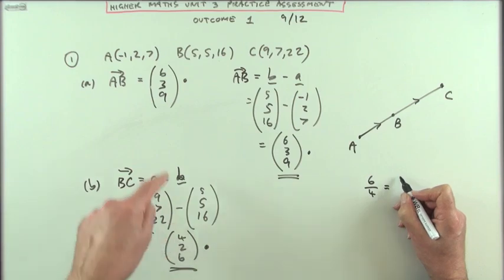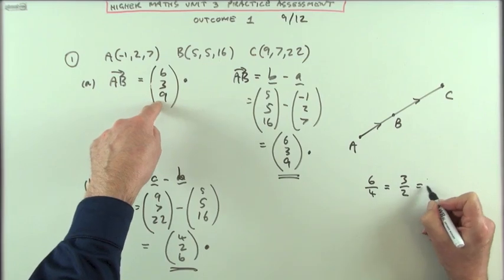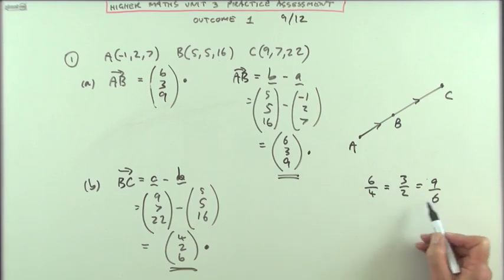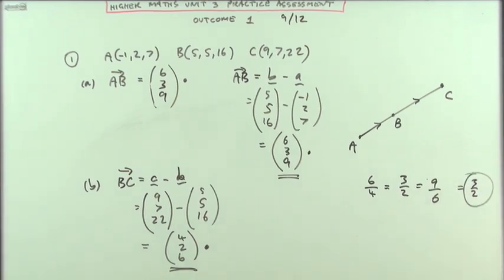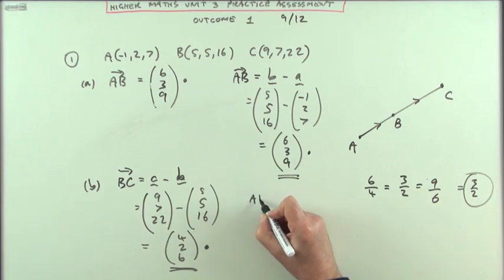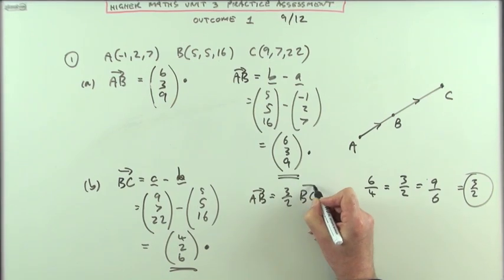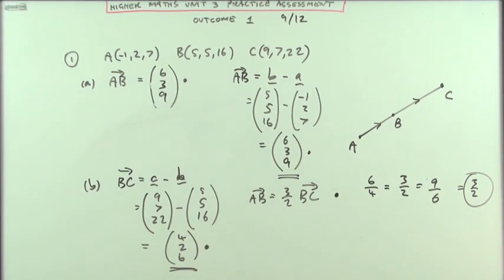Is that the same as 3 compared to 2? Is that the same as 9 upon 6? If those fractions are all the same, and they are, they all cancel down to that 3 upon 2, then that's the multiple you've got. If one of them was different, it'd be no use. So now I can make the statement, well, AB is 3 upon 2 times BC. That's the second mark out of these 3 marks.